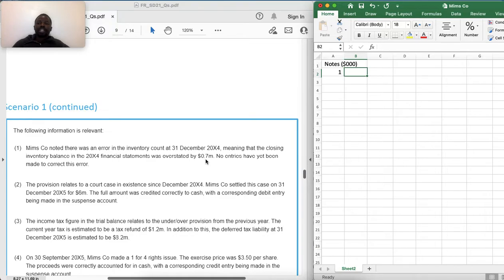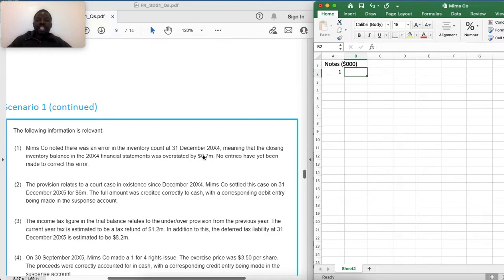If the figure for closing inventory is big, it reduces the cost of sales, so it increases the profit. So the profit for 20x4 was increased by 0.7 million, because that 0.7 million was there in the closing inventory.